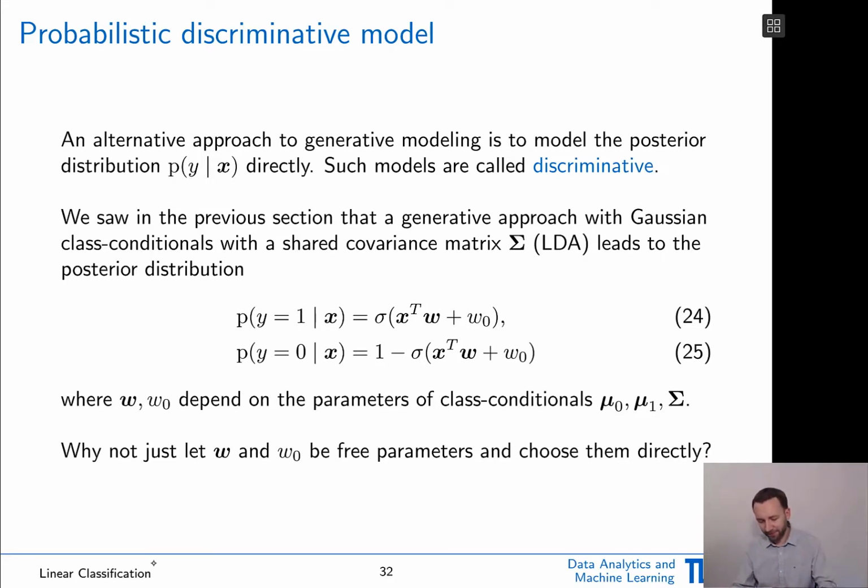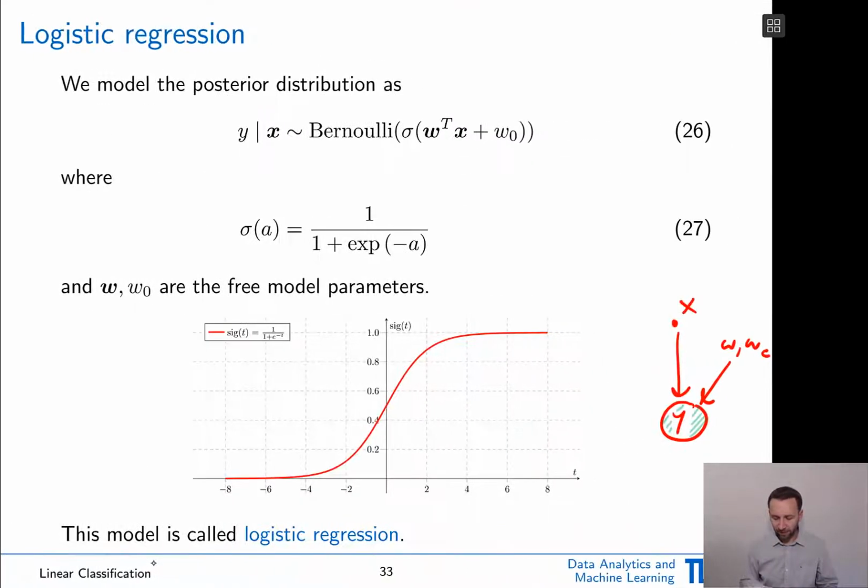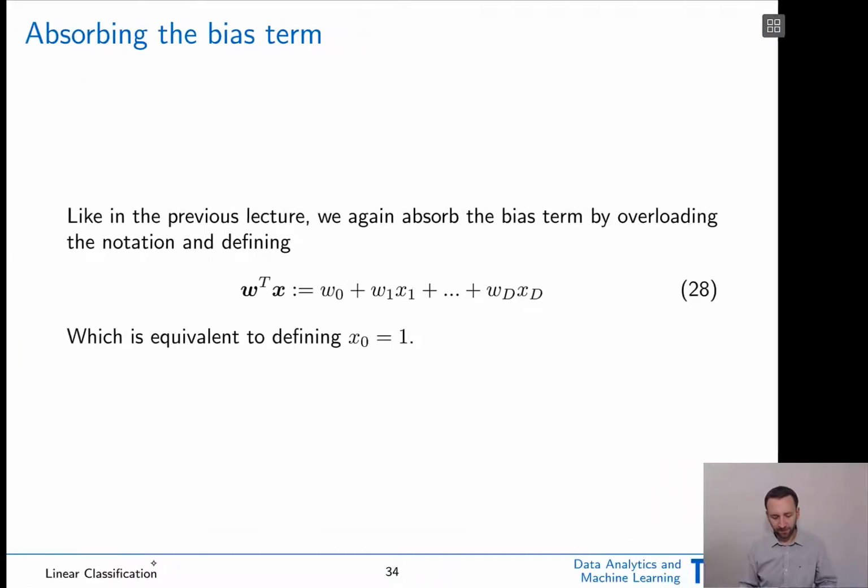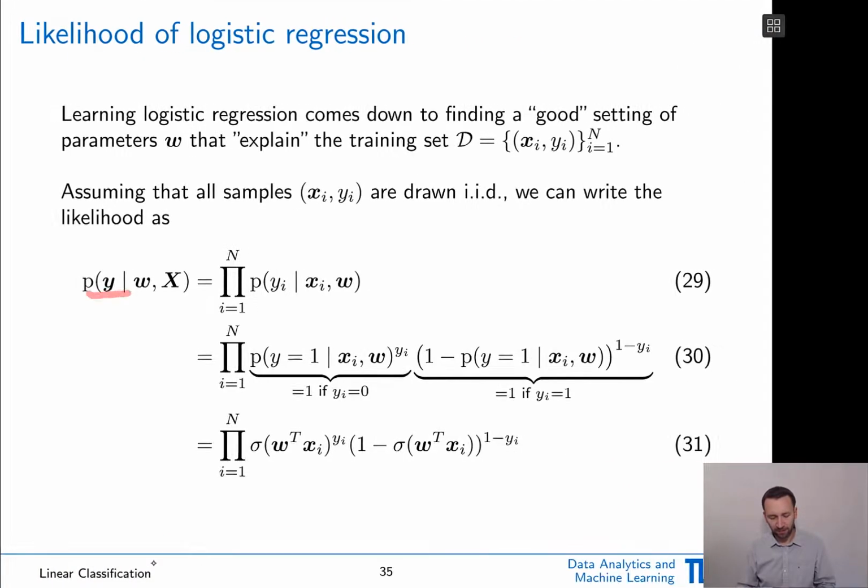Here in the LDA model, it looked like this: we had the y as a prior, and then we had the x, and then we derived the posterior for y, which ended up here. So this is why we call it posterior there, and why in this model this function is now called the likelihood. Because it's a different probabilistic model. In one case, y is in the lower part, in the other case, y is in the upper part.